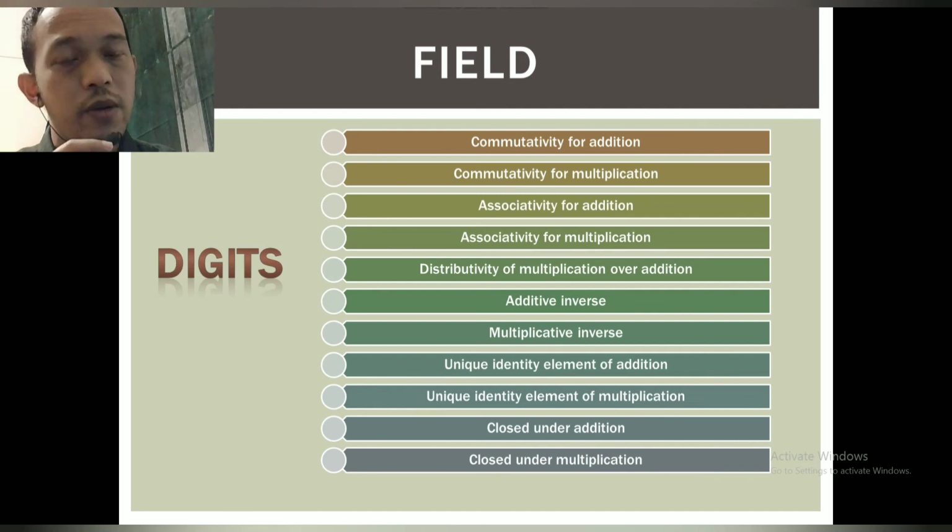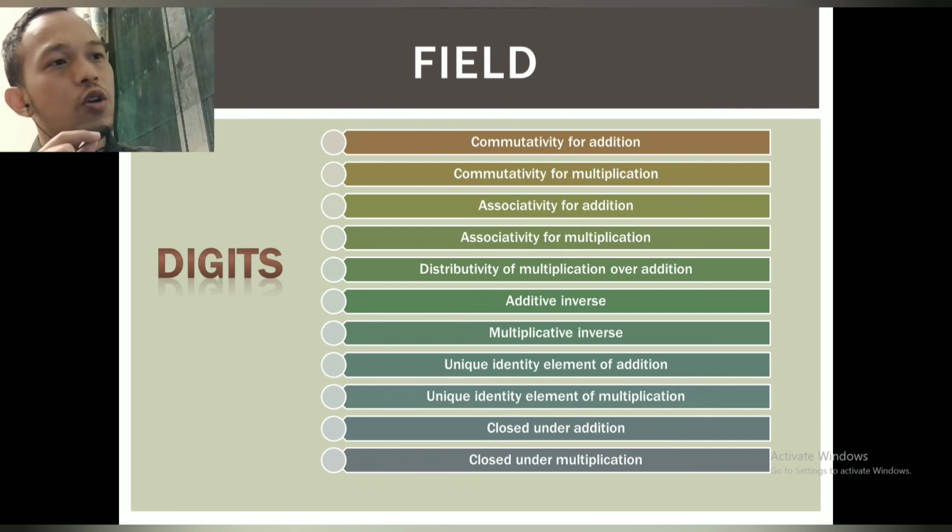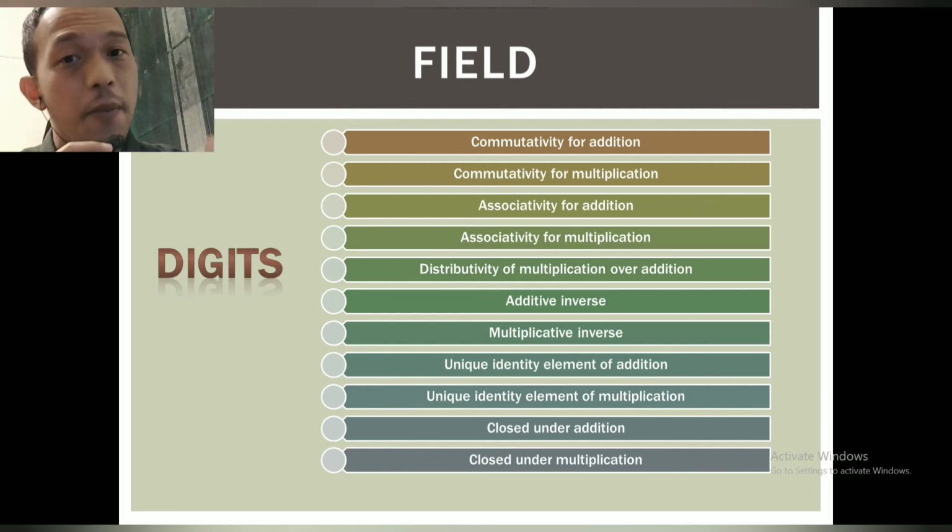Additive inverse, now this is a problem. Will the additive inverse of a digit be another digit? That is how you check whether it is a field or not, since it has to obey the field axioms. So the additive inverse is the opposite, right?